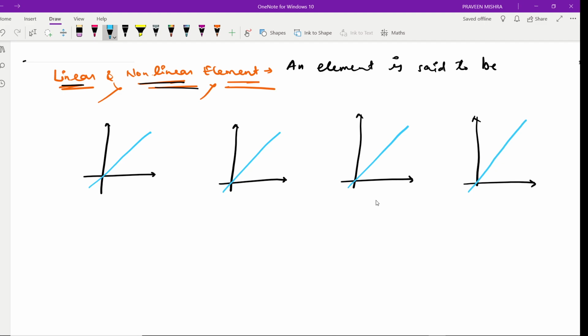Otherwise, the element is referred to as a nonlinear element.